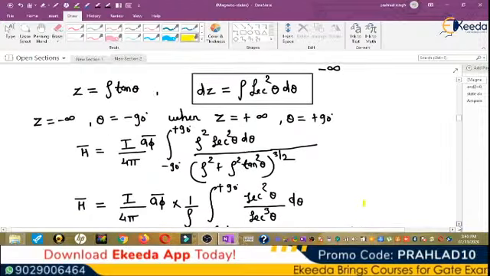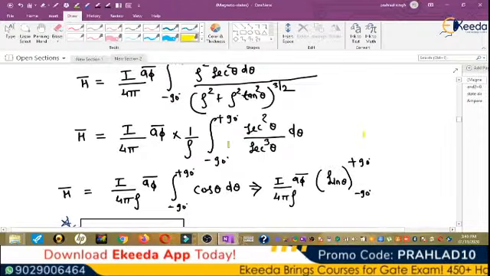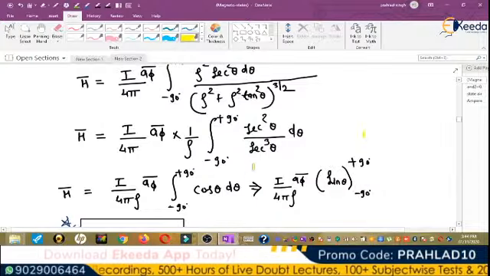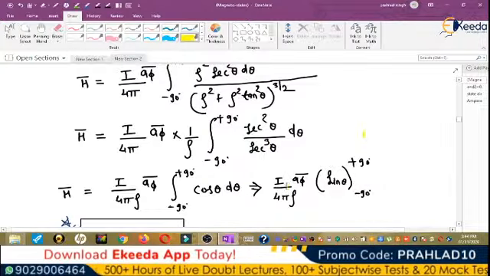So the H vector is I by 4 pi a_phi times 1 over rho, integral from minus 90 to plus 90 of sec squared theta upon sec cubed theta. Since 1 plus tan squared theta is sec squared theta, and sec squared theta to the power of 3 by 2 is sec cubed theta, it becomes 1 over sec theta, which is cos theta. So I by 4 pi rho a_phi times the integration of cos theta, which is sin theta.